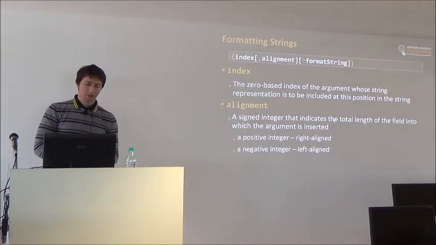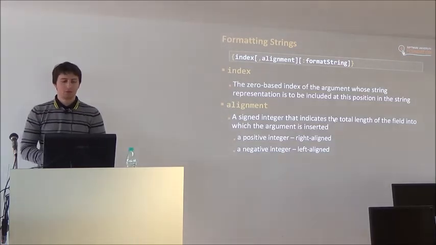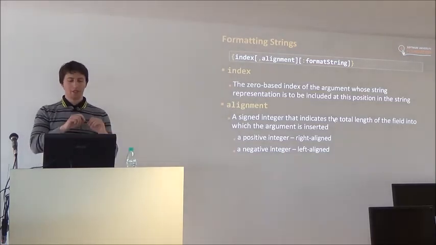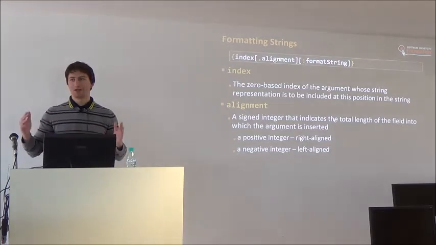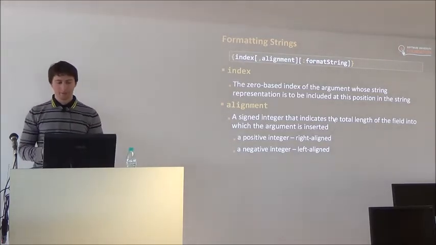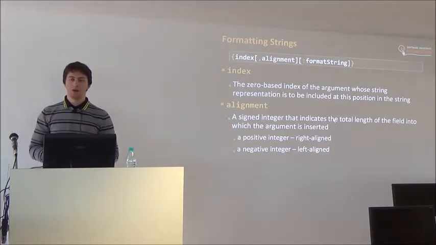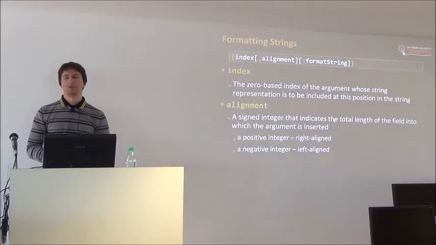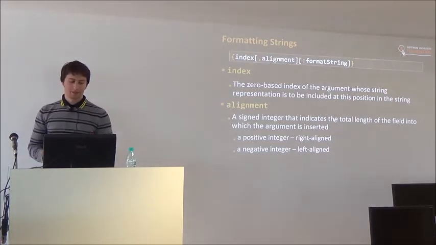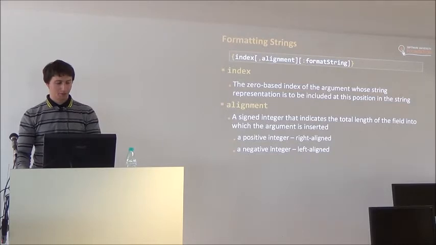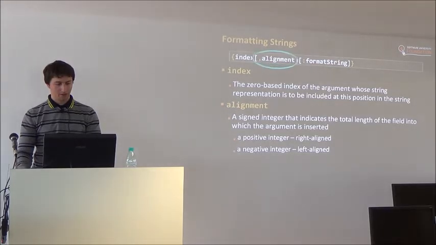The alignment: you can use the alignment to basically say how many spaces or blank places you want to leave between the previous argument and this one. This is done through the optional comma and then the alignment.